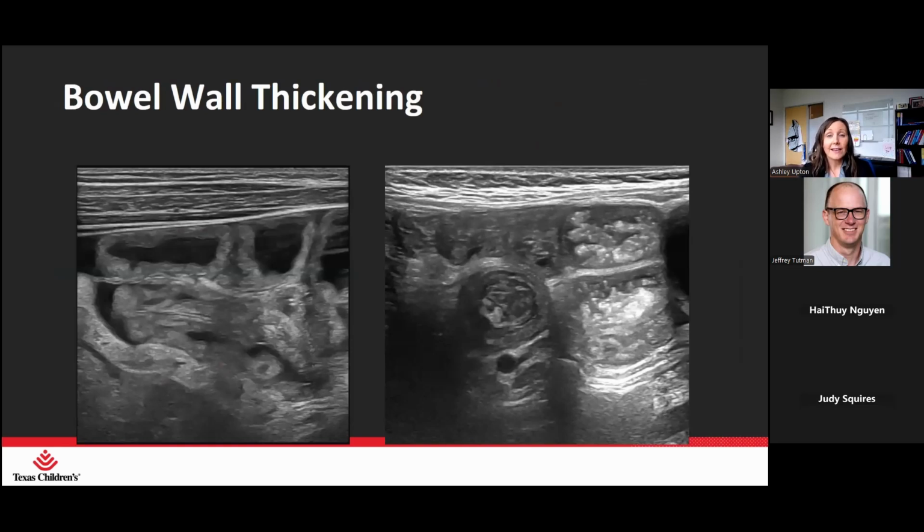The reason being the SMV and IMV are directly connected to the portal system that I showed earlier. So when the portal system has trouble flowing into the liver, the SMV and IMV have trouble draining as well. So all of this flow backs up, the bowel wall becomes edematous, and you can also get intermittent small bowel intussusceptions from this level of edema, which is what this yellow arrow is showing on the right.